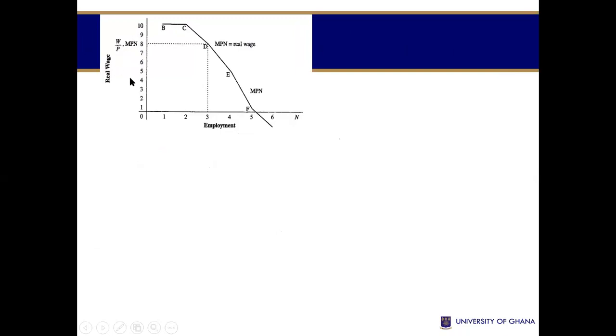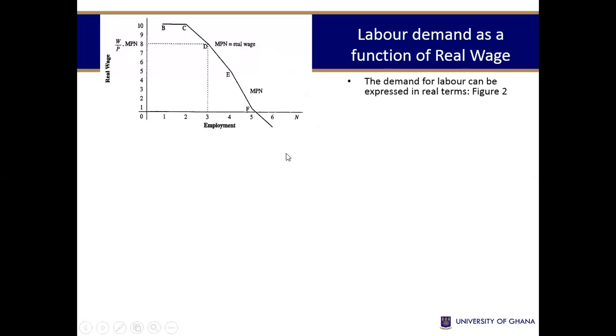For this one, the vertical axis is measuring real wage and the marginal product of labor, and the horizontal axis is still measuring the units of labor hired. So for this one, we are trying to express MPN in terms of real wage.